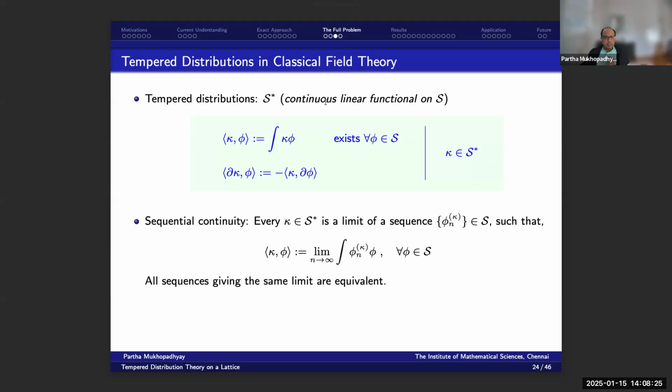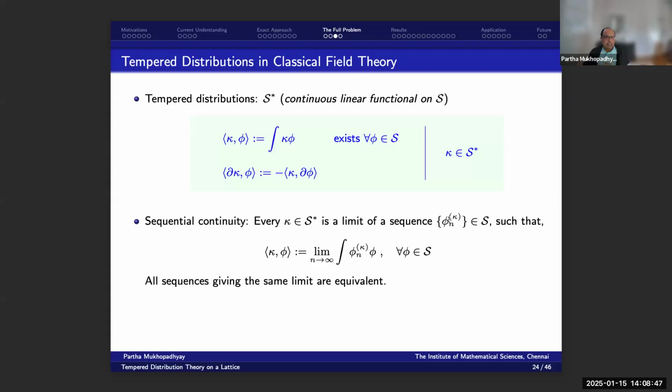This is a continuous linear functional, and this continuity, there are two ways of looking at it. One is the topological way, which is very abstract, and I am not qualified to do that. I understand to some extent the sequential continuity, which says that every distribution is a limit of a sequence where the elements in the sequence are Schwartz functions.